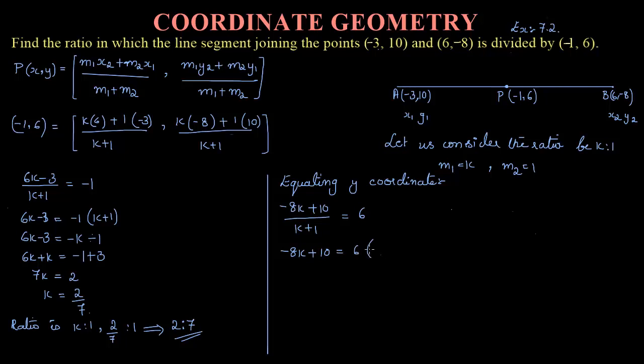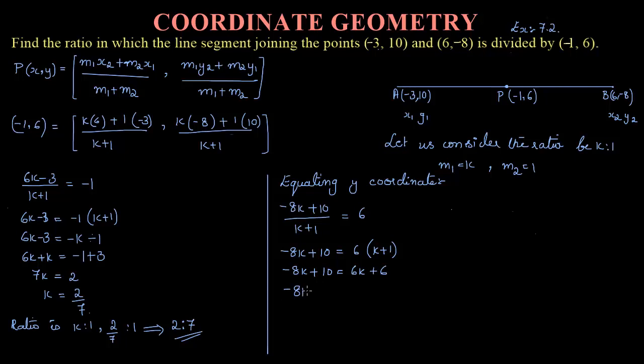So 6 into k plus 1, and don't multiply this 6 with only k, because this 6 is for all the terms in the denominator. So we have two terms, so you need to multiply this 6 to both the terms. So minus 8k plus 10 equals 6k plus 6, right?